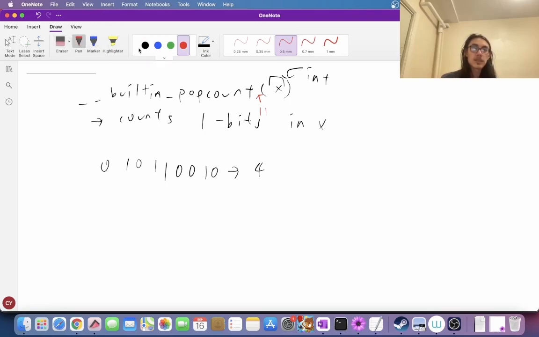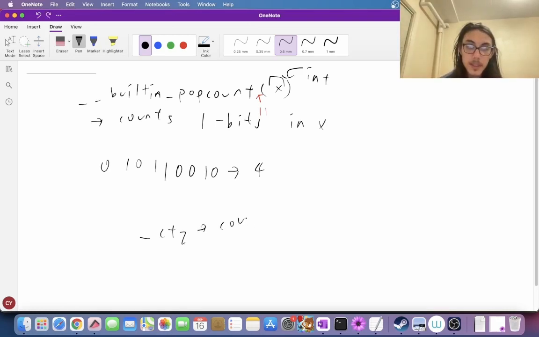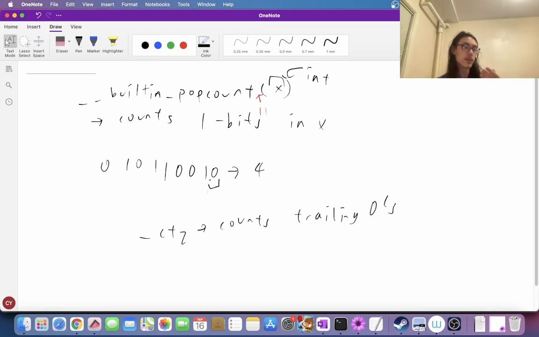So there are other functions that do sort of similar things. There is __builtin_ctz, which counts trailing zeros. And what that means is, trailing zeros is the number of zeros before the first one.